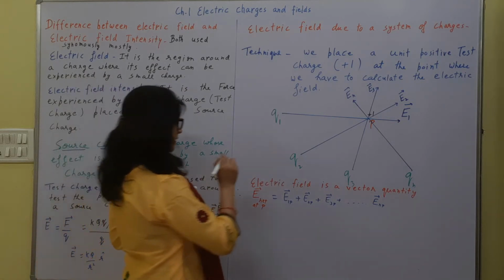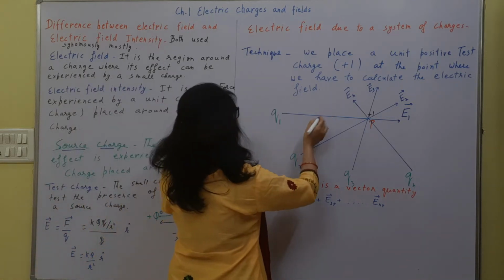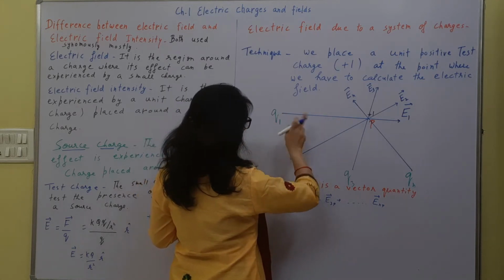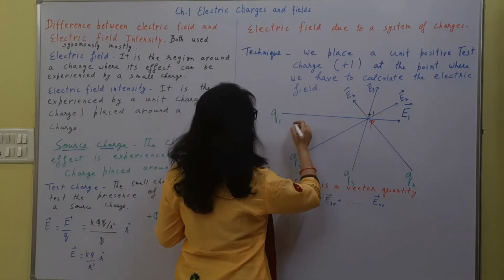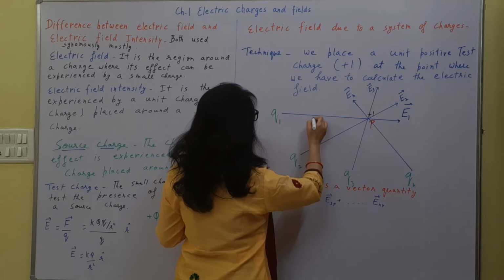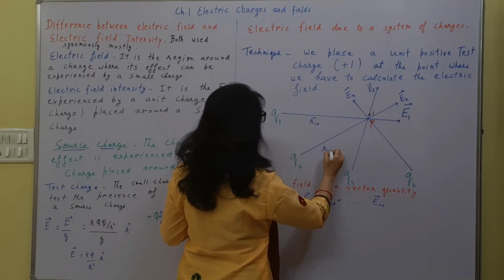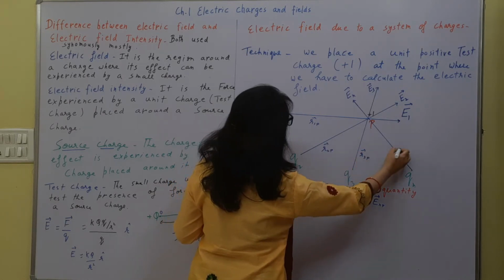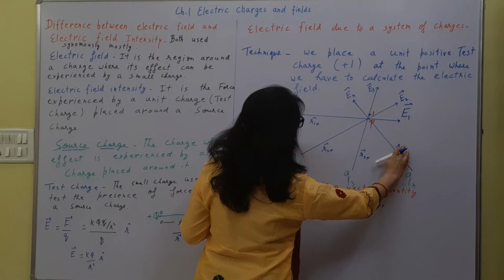So we will simply write this down. If I mark that the first charge is at distance r1P from point P, so we can say r1P, r2P, r3P, rnP.